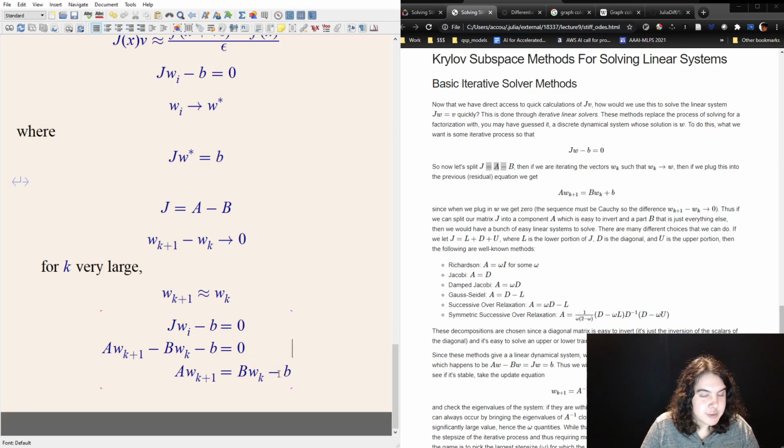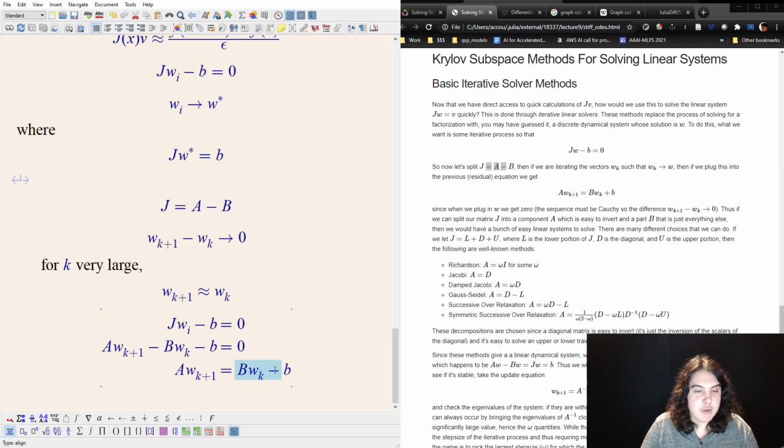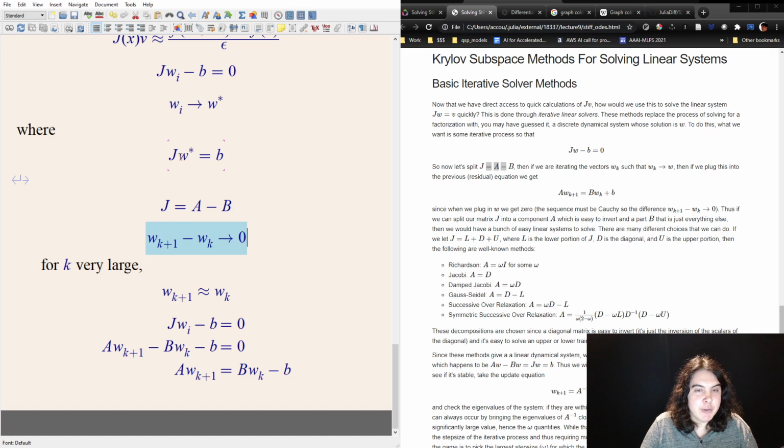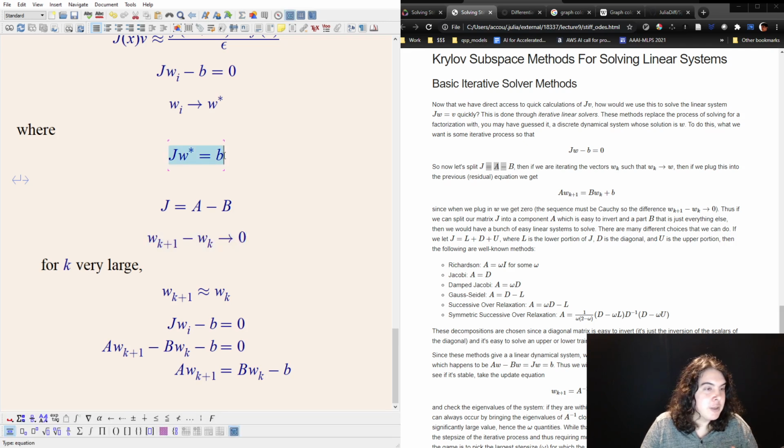So this is an iterative process where if we pick a starting point and then loop through this, we get w k plus 1, and we keep doing this until we converge to something, and what we converge to will be the solution of the linear system.